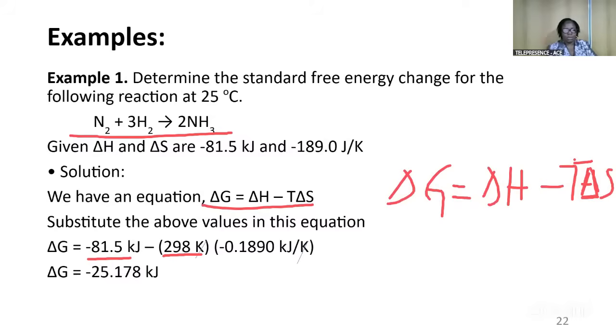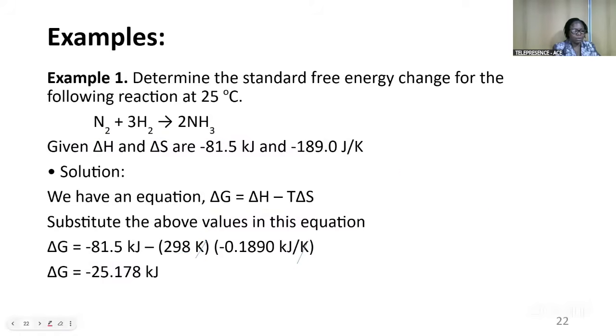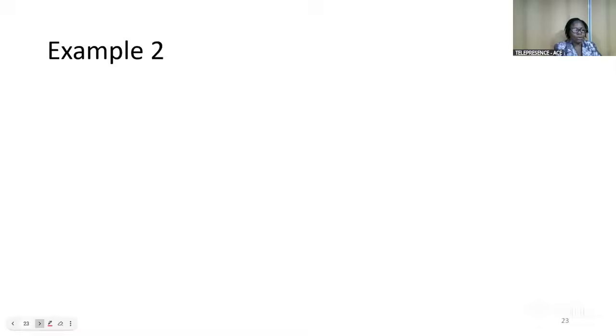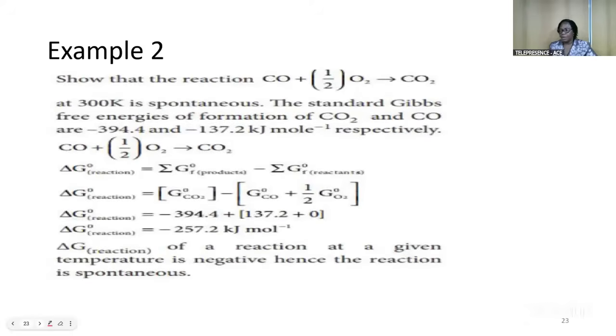So you must convert it to Kelvin because the unit of this will matter. Delta S is in kilojoule per Kelvin, sorry. So if you look at this, some of these units will cancel out. You will end up with minus 25.178 kilojoule. So that is the answer. You can try it and let me know if you get the same value.